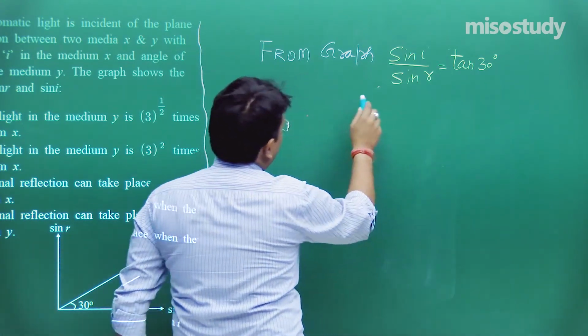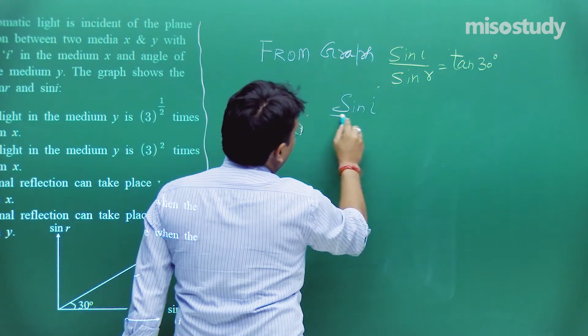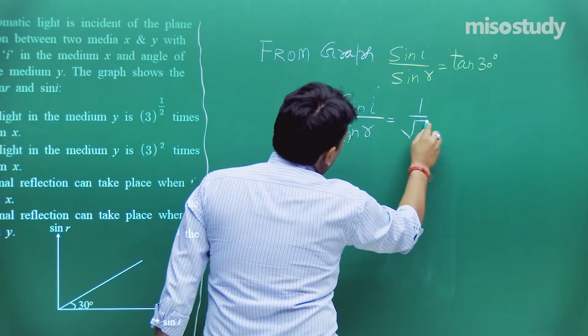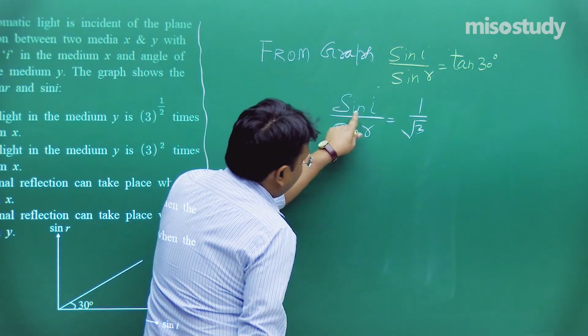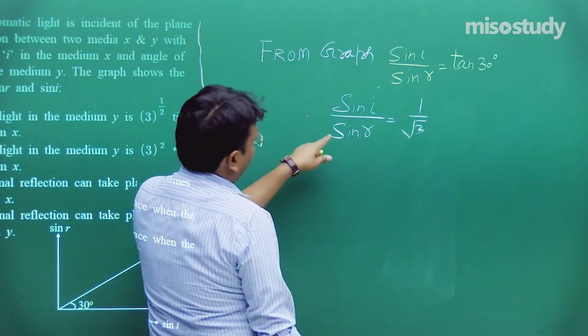No problem. Let's write down this yellow color equation with the white color chalk, because now you are comfortable with this. So that is 1 by root 3. Moreover, what you can say from here, root 3 sin I is equal to sin R. Fine.